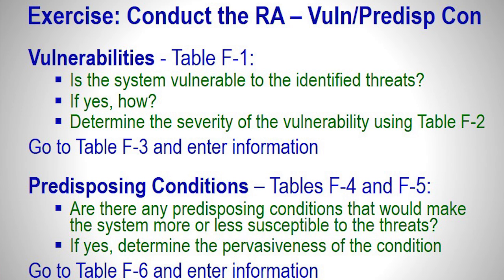And now we're going to see how our system is vulnerable. If you said your threat was an insider threat, how would your system be vulnerable to an insider threat? What would be the vulnerability that you might have there? It might be that you haven't done good background checks. I like to try to tie vulnerabilities to controls that aren't in place.